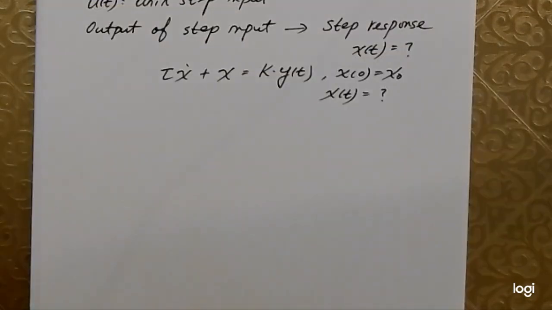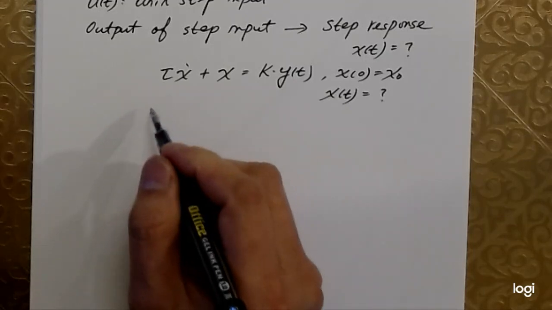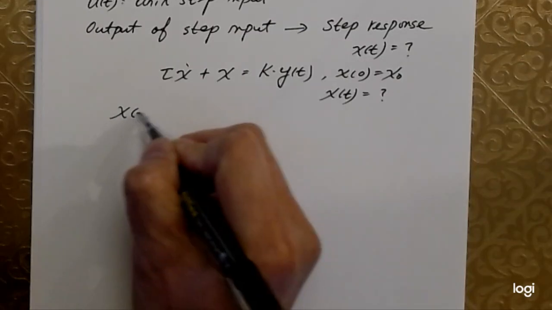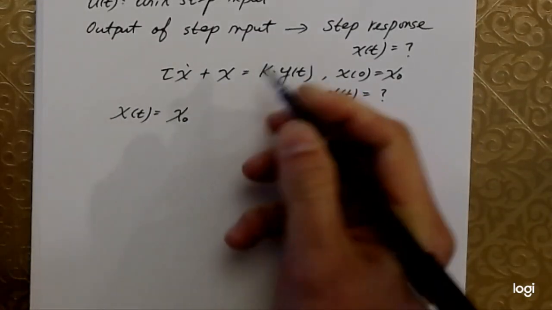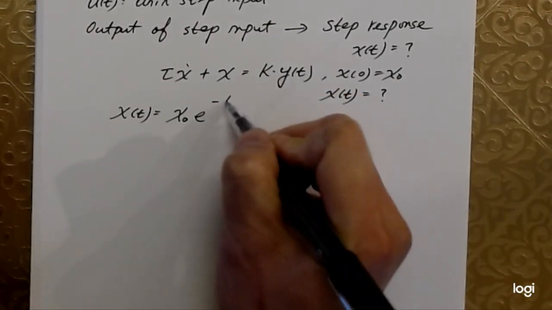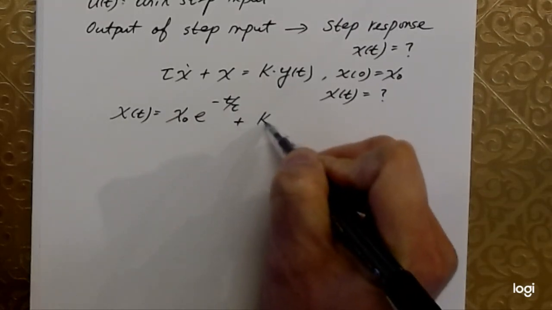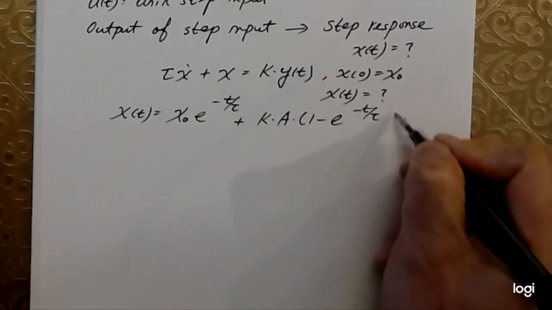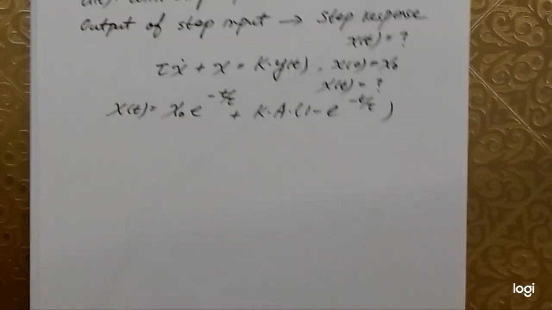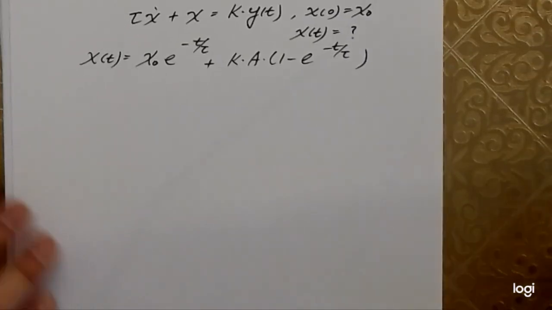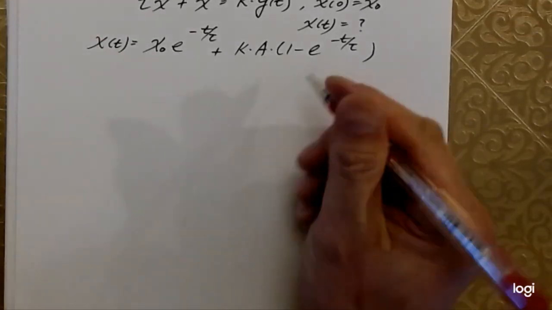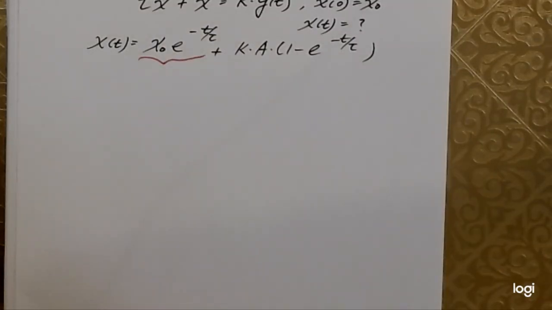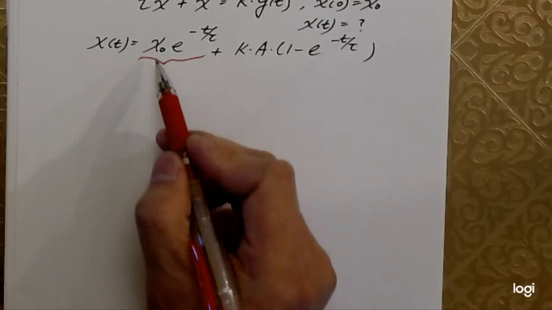Okay, we'll just copy down. S of t equals s naught e to the minus t over tau plus k times A times 1 minus e to the minus t over tau. In terms of response, this part right here is due to the initial condition.